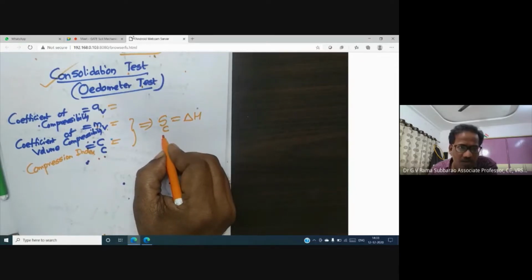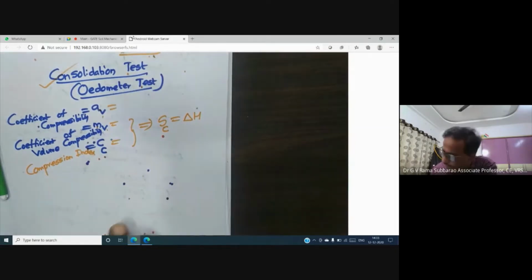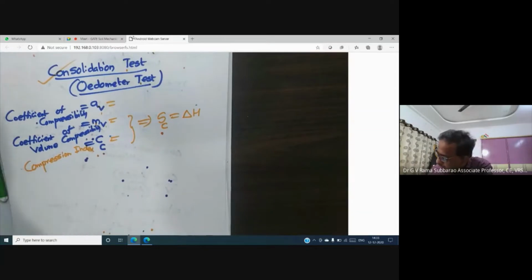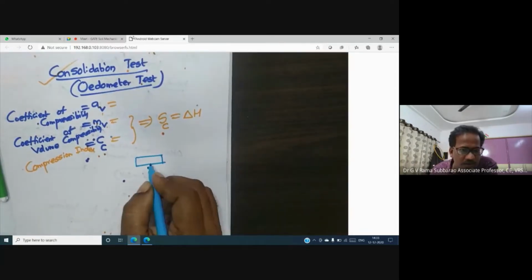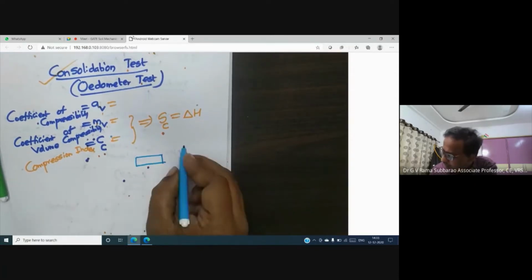So let us now think about the consolidation test. Take a soil sample in a consolidation ring. Somebody can ask me, is there any dimension of the ring? Yes, the dimensions are there.